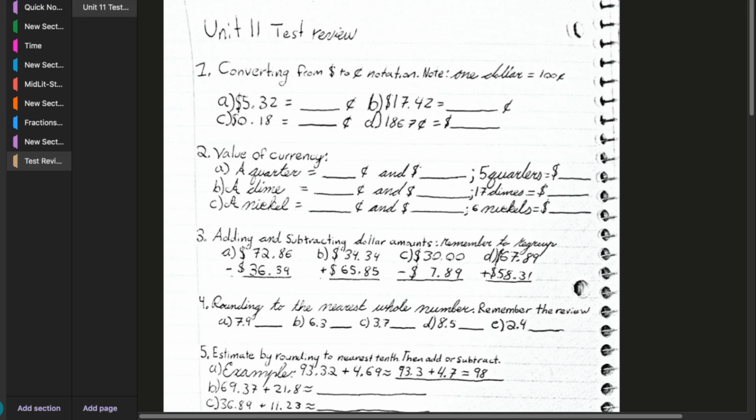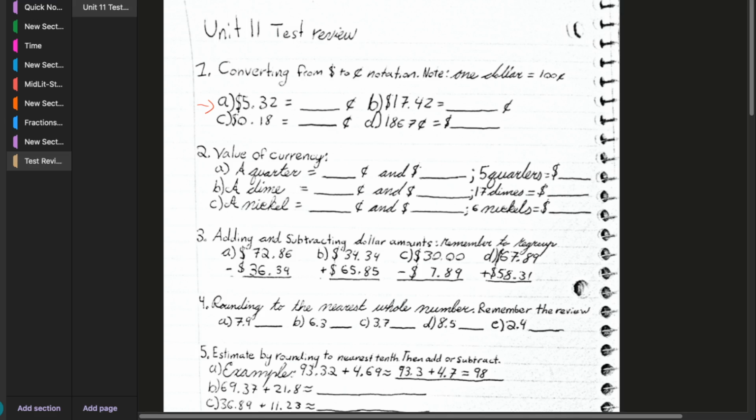So, the first question here is converting from dollar notation to cent notation. Note, $1 is equal to 100 cents. So, we're just going to do A here. $5.32. What does this convert into?